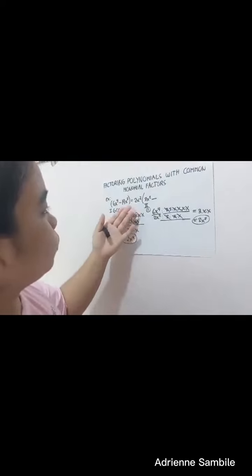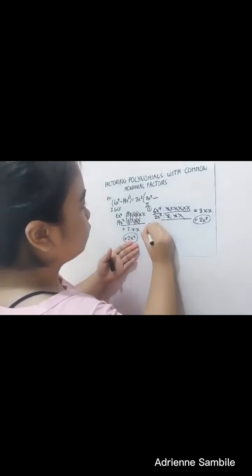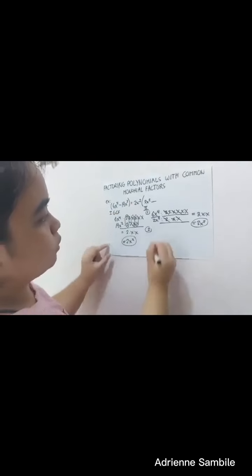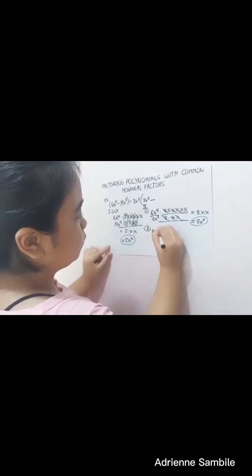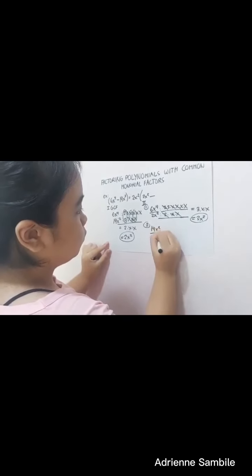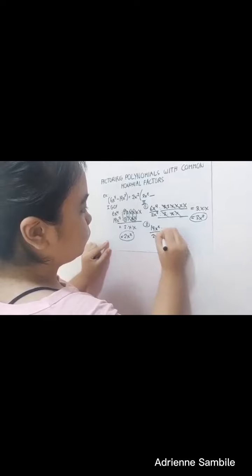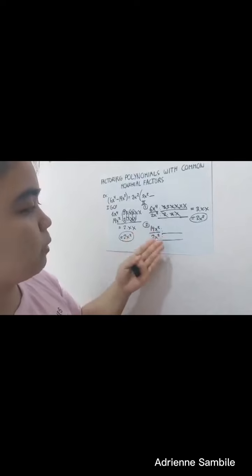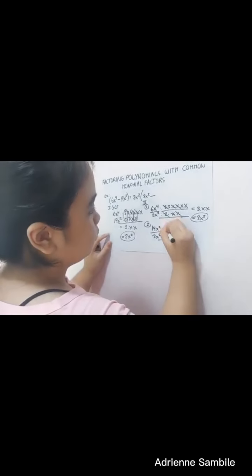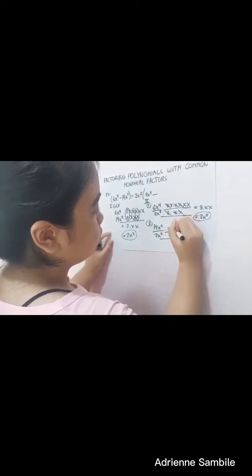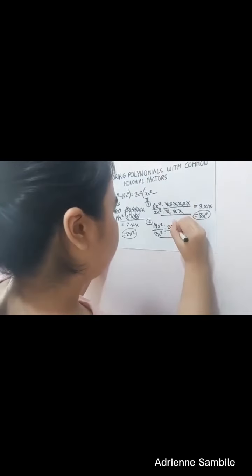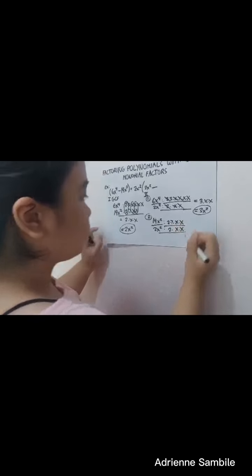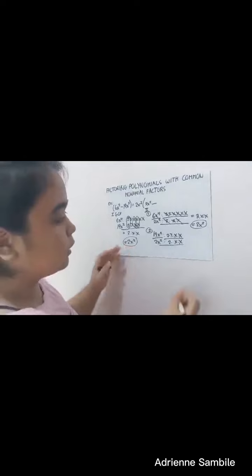So, in number 2 we need to solve 14x squared divided by 2x squared. So, as with the GCF and sub number 1, we need to find the prime factors of the two. So, here, cancel again.